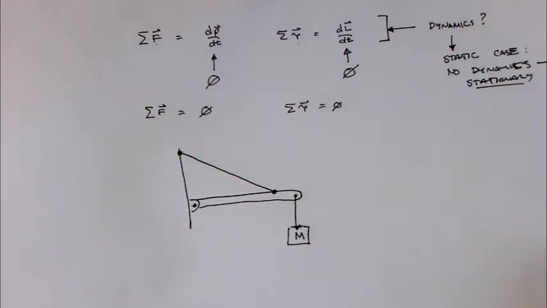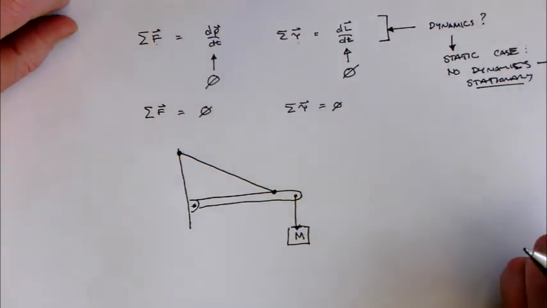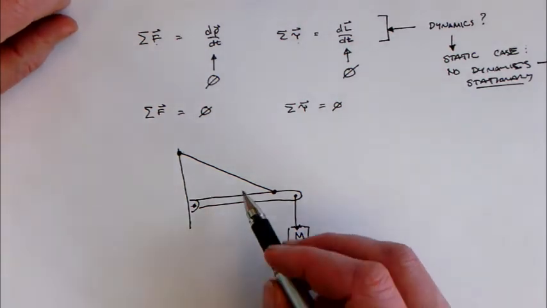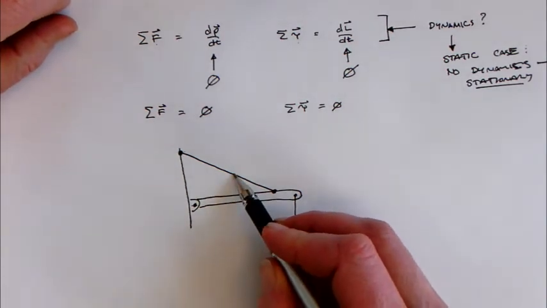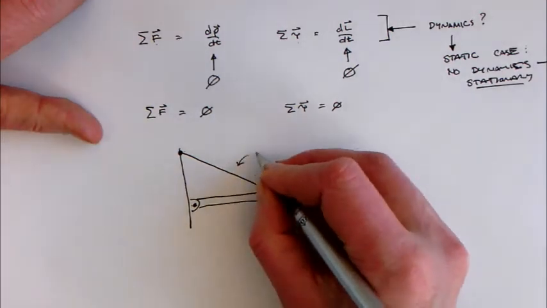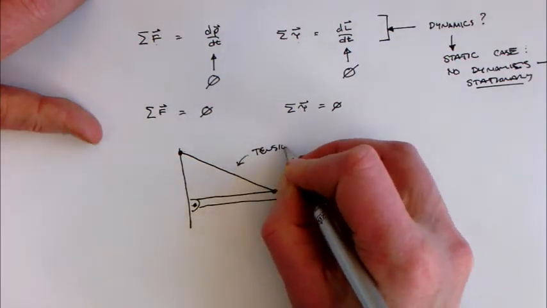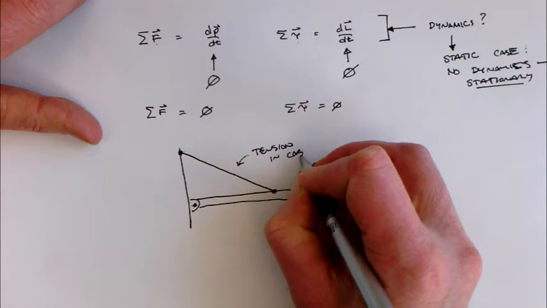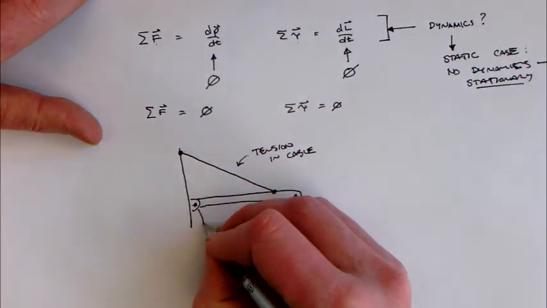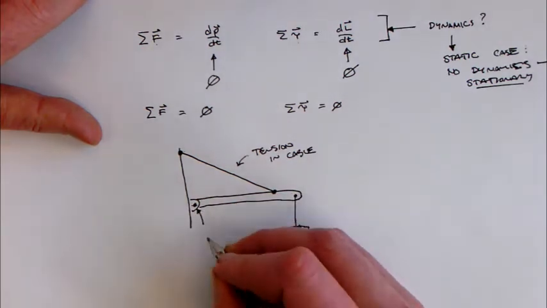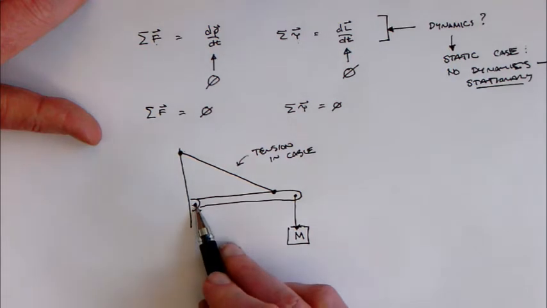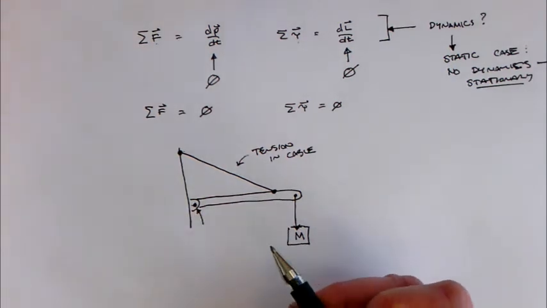Okay? So this might be something you would use to suspend something. It's like the design form you might use for a crane, right? And if you were designing that crane, you'd probably want to know things like, how strong does this cable have to be? What's the tension in this cable? And I would also like to know what the forces are that are being exerted on the pins here, because if this pin is a certain diameter of steel, it can only withstand certain shear forces before it fails.